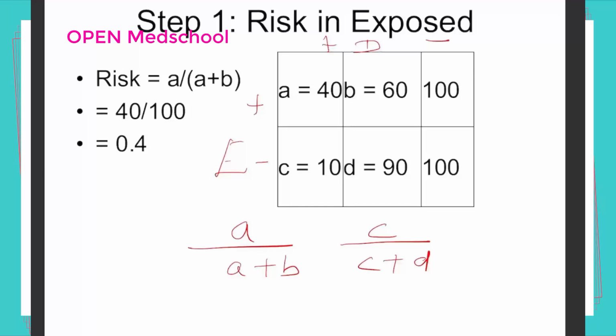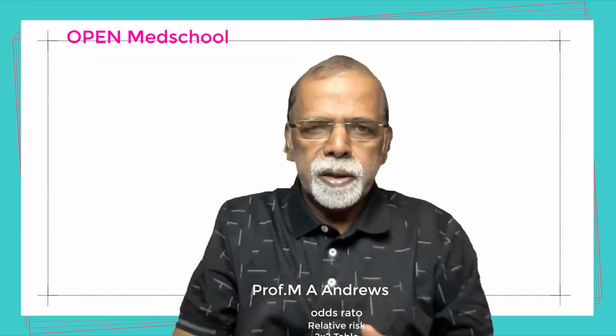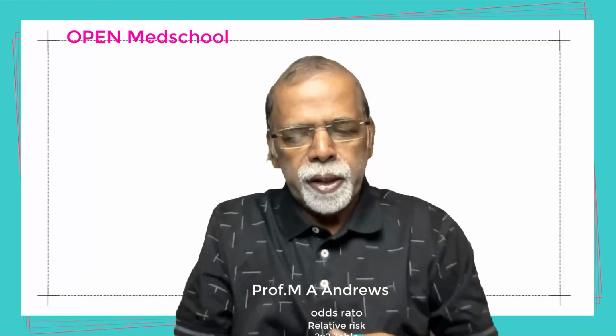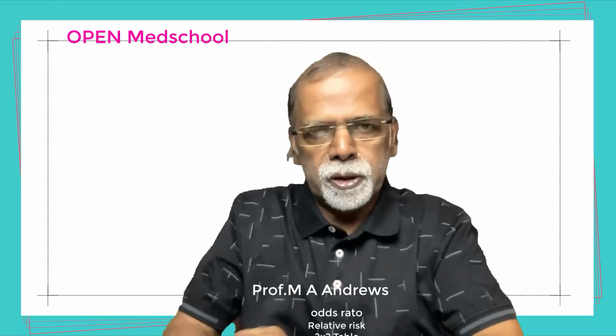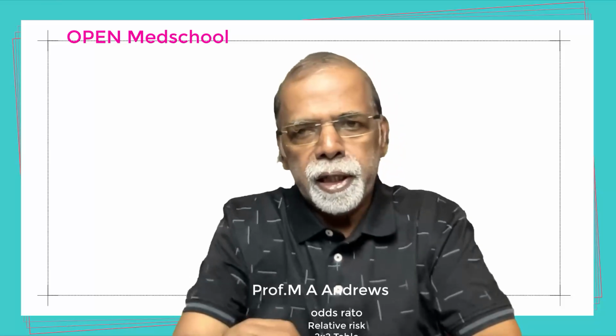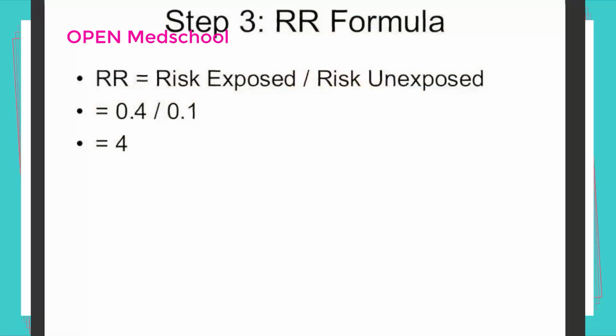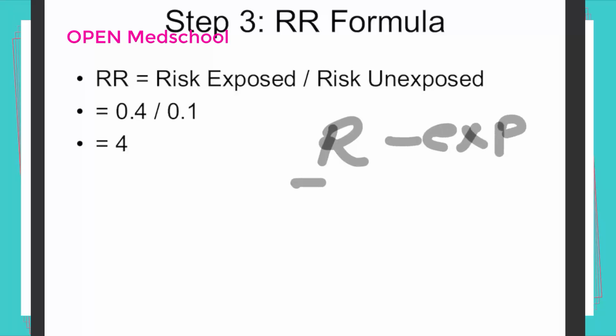So that will be C divided by C plus D. So you have calculated the risk in the exposed group and risk in the unexposed group. Now you make the relative risk. That is risk in the exposed divided by risk in the unexposed.